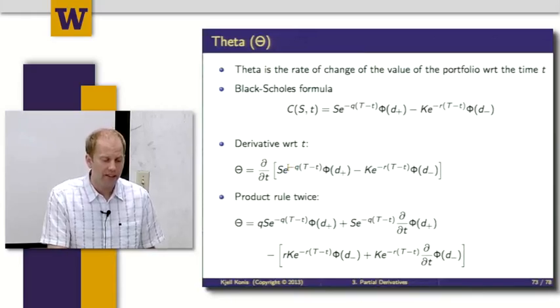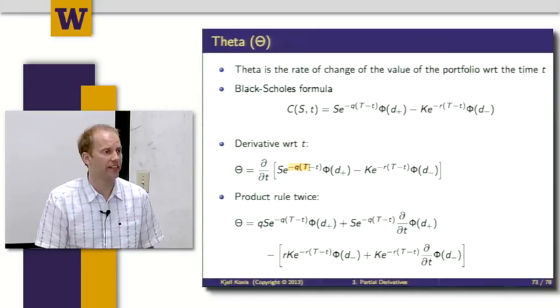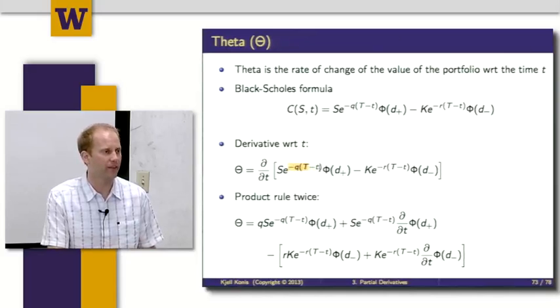Maybe the easiest way to look at this is I have e to the minus q times capital T, which doesn't depend on little t, and then I have e to the minus q times minus t. So when I take the derivative, it's e to the qt that plays the important part.